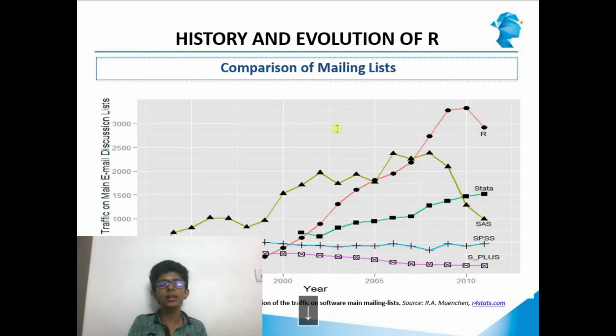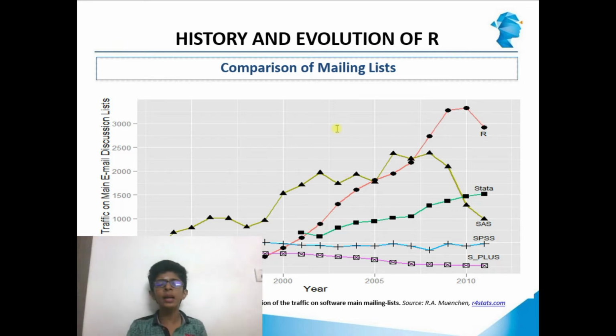Okay, and here is the comparison of mailing lists. This shows which years the mailing list was growing. In 2010 SAS was even decreasing, where R increased enormously.